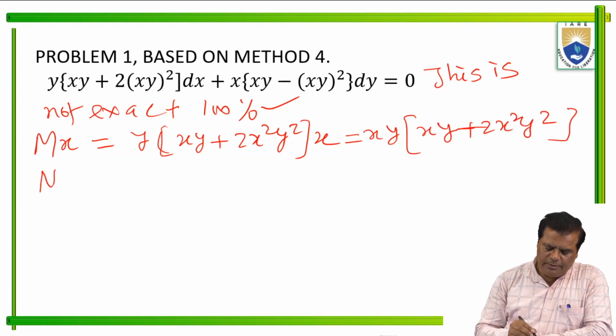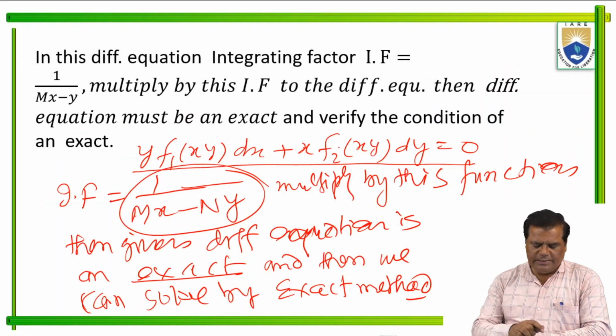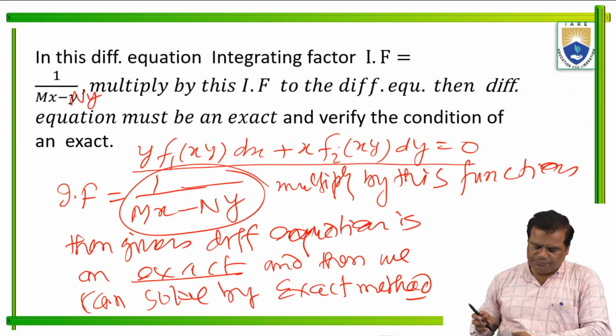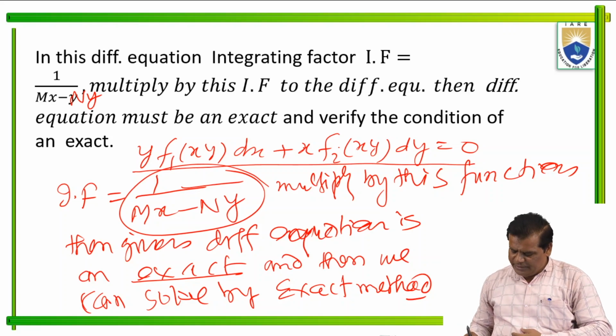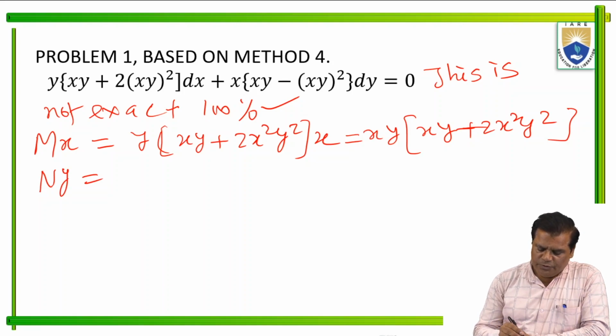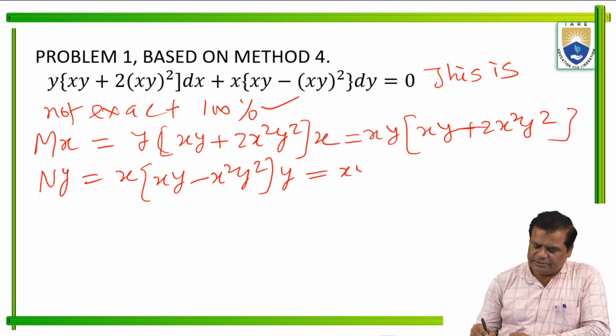Now mx minus ny, this is the formula, mx minus ny. We apply here mx minus ny. So ny equal to, what is n? n is x into xy minus x square y square, into y. So this is xy in bracket, xy minus x square y square.